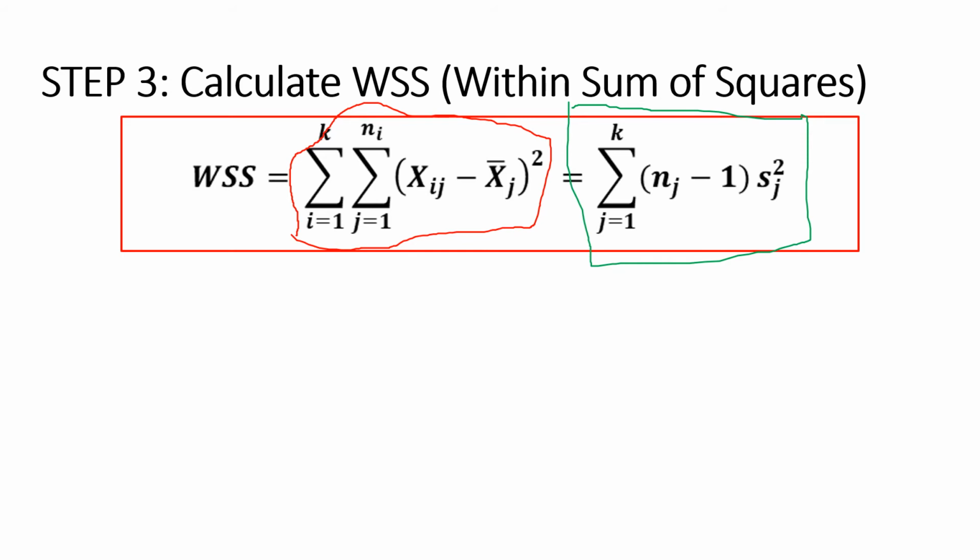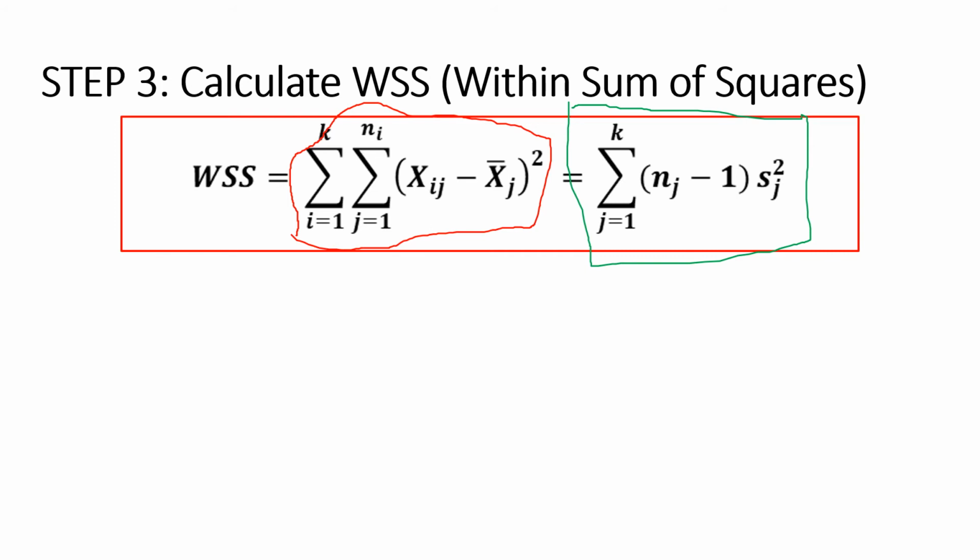N_J is the number of observations in group J. I wonder if that should be a K. Anyway, this number is going to be 8. For our first group, second group, and third group, we've got 8 observations.